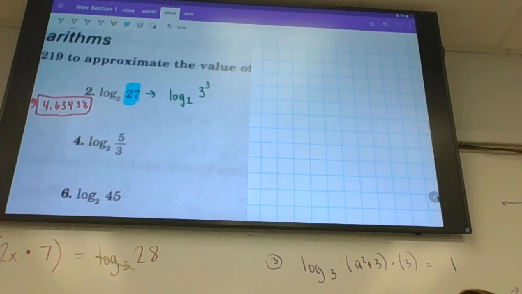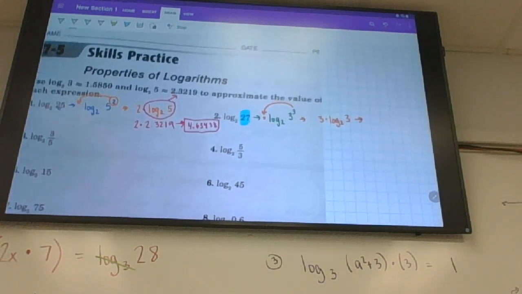What's the next move? Power property. And I know what log base 2 of 3 is, so now I just do 3 times 1.585. Rewriting my numbers.